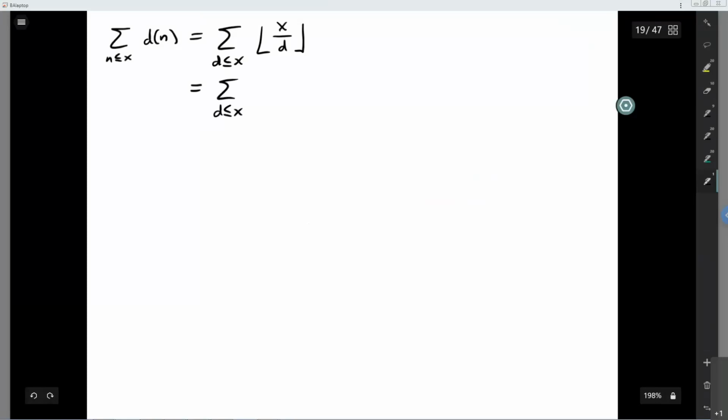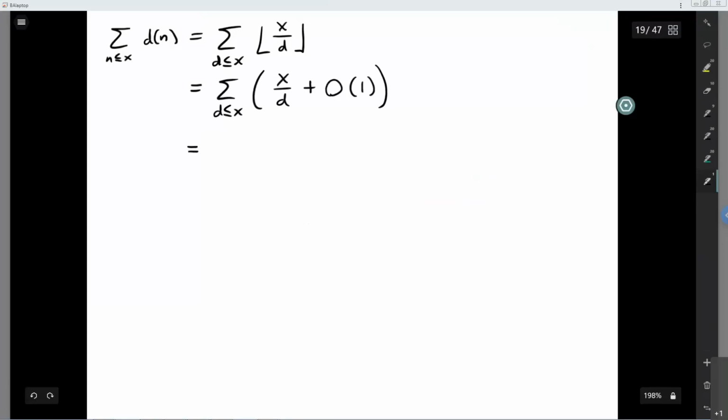So next, we know the floor function is approximately the thing that's inside, where the error is big O of 1. All right. So now all that's left is to take a sum over d less than or equal to x of these pieces.